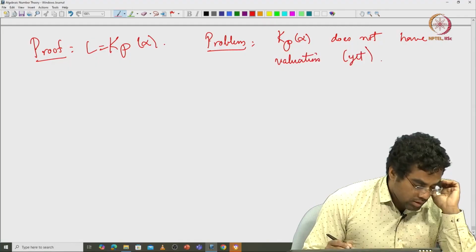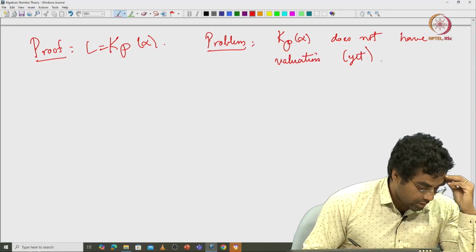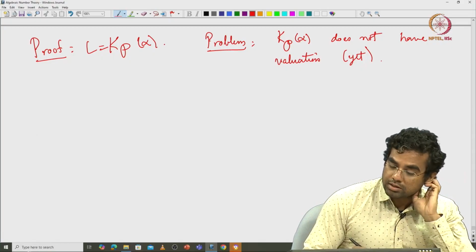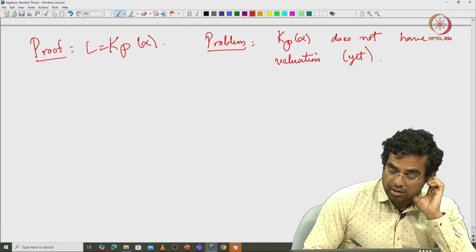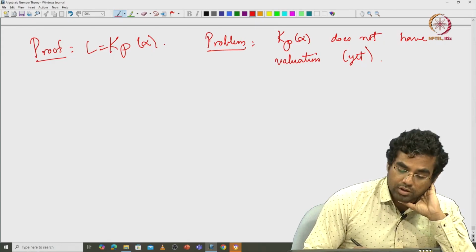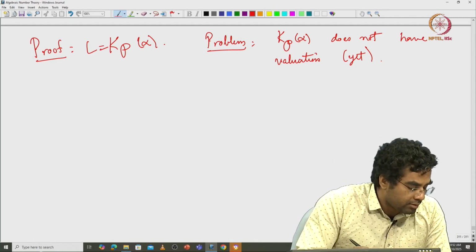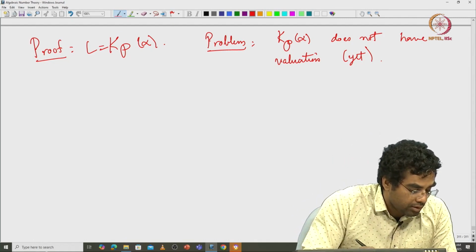So I cannot really just say that I start with alpha modulo some maximal ideal of the ring of integers of L and then work with that.